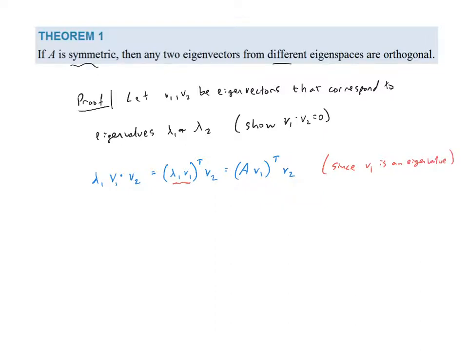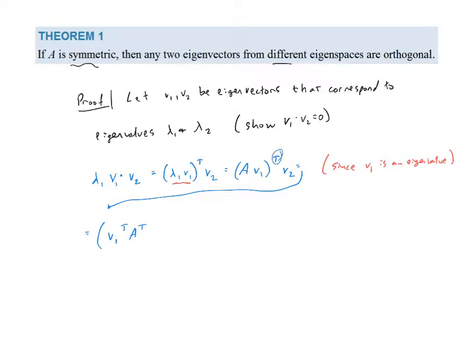Okay, there we go. All right, and then what else are we going to say? This is now, still equals, but I'm going down to a new line. This is equal to, my next step is I am going to distribute that transpose in, right? And it's going to change the order. v1 transpose times A transpose.